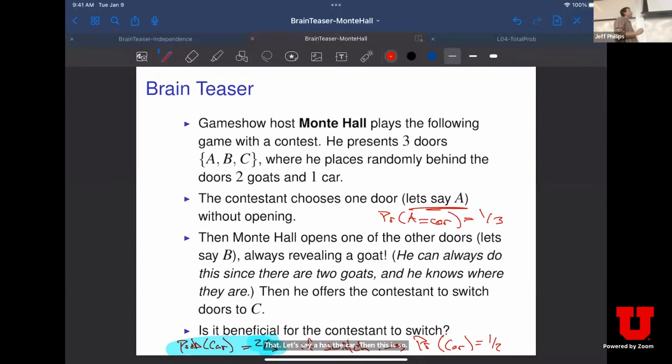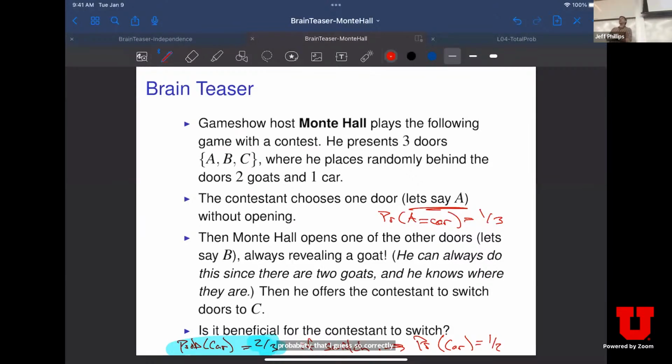All right. And then I get more information. But I didn't know I was going to choose door A. I could have chosen any of those doors. I'm effectively choosing a door at random, right? So did getting the information actually change the probability that I guessed correctly?